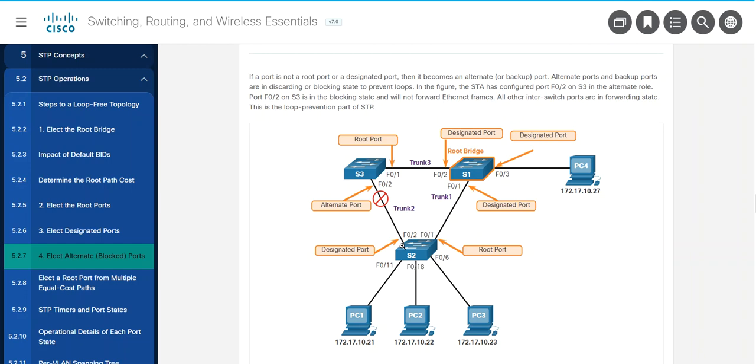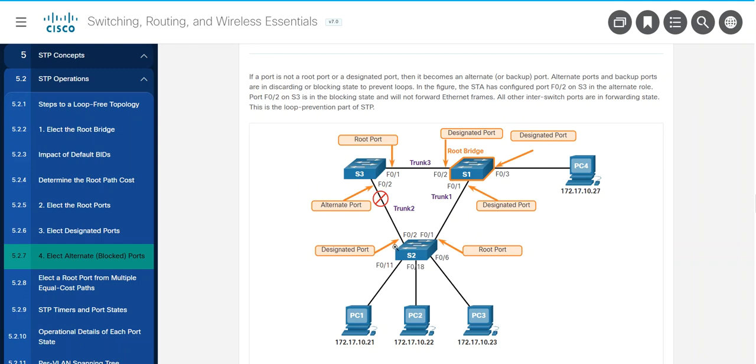You would choose the lowest bridge ID. You would also use the lowest MAC address. So I believe in this scenario, S2 has the lowest bridge ID, even though it's not listed in the diagram. So then the alternate port would be on S3.